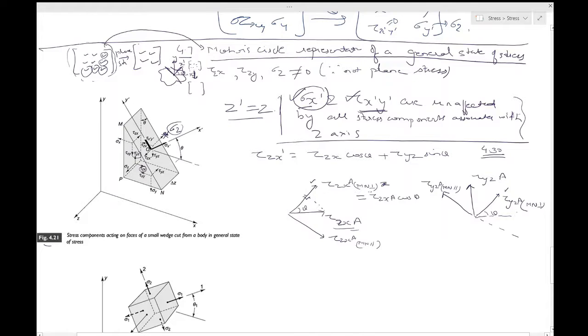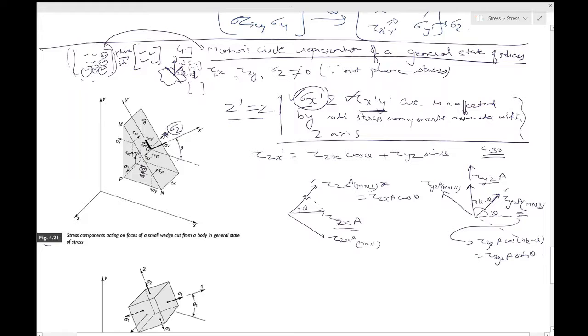Now let's try to write this particular thing, tau yz A MN perpendicular. So this particular angle will be pi by 2 minus theta. If you want to project this tau yz on this direction, this will be equal to tau yz A into cos of 90 minus theta, and that is tau yz A sin theta.